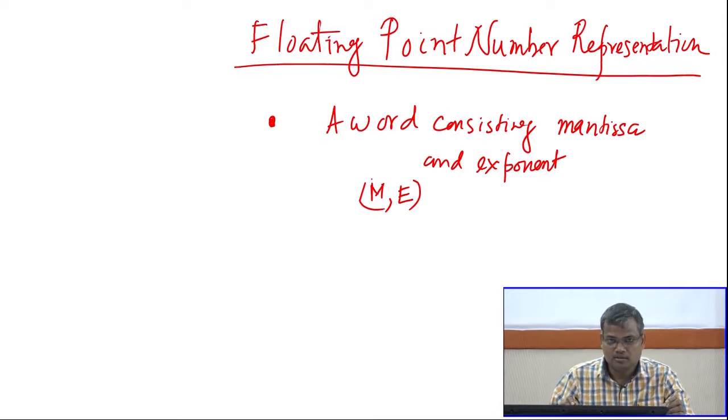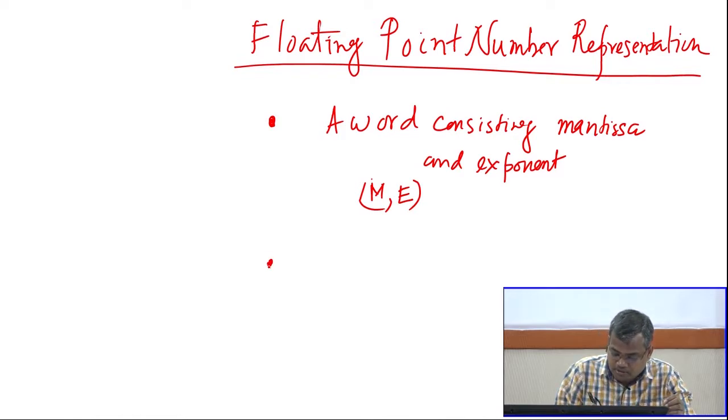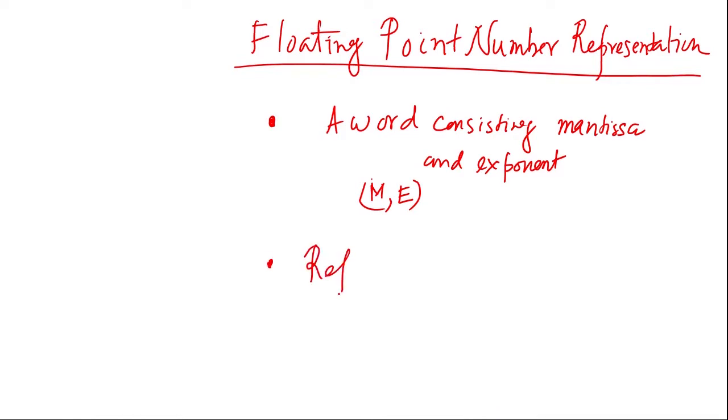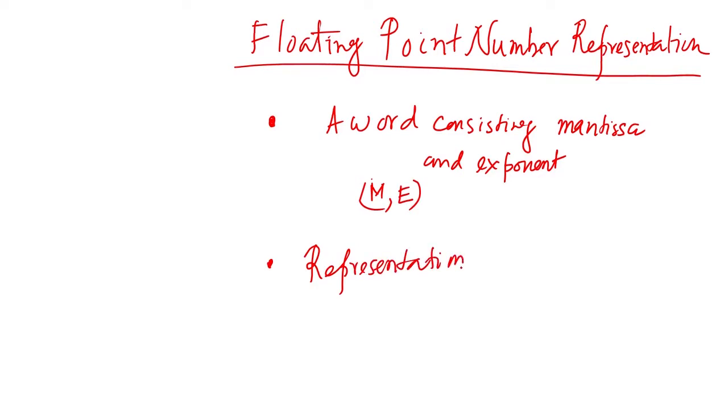And another very important message from the last class is the representation of 0. For representing 0, we have two problems, or two thoughts.